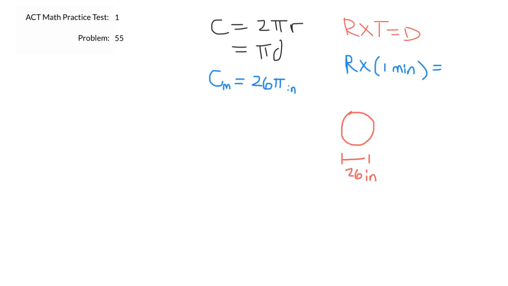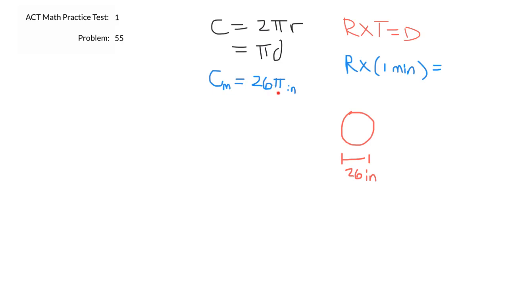Now, we also know that he traveled 200 revolutions. Do you remember how I said that the distance traveled by one revolution is equal to the circumference? So if he was to travel one revolution with the wheel, then he would have traveled 26 pi inches. But he didn't travel one revolution. He traveled 200 of those.